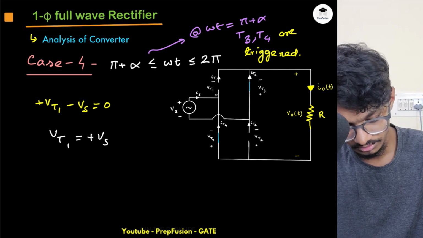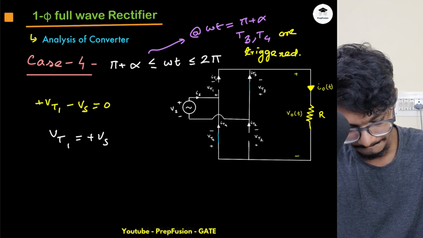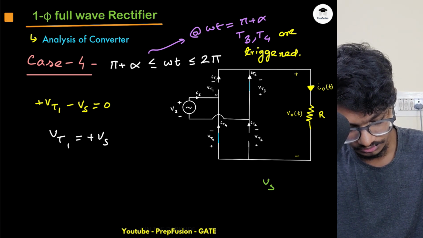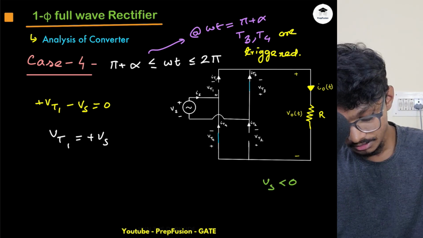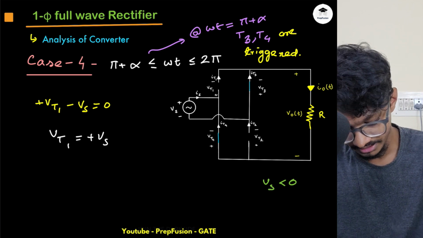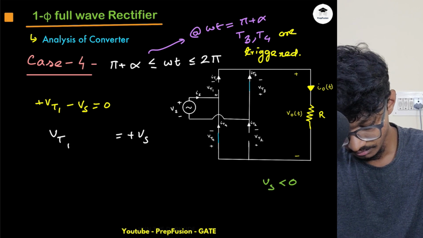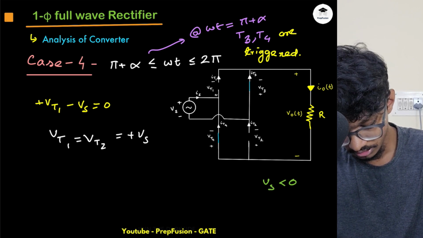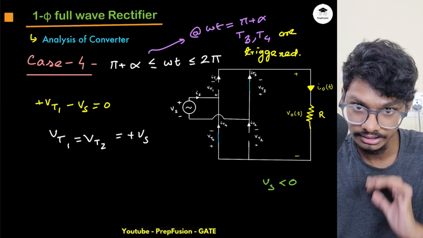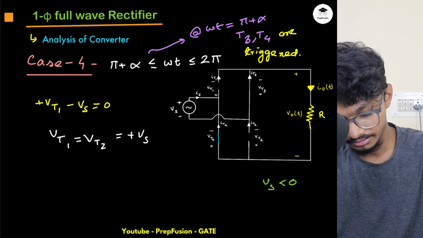Vs is negative. Vs is less than 0. So obviously VT1 is negative, and if you apply the KVL, VT2 will also be the same. Hence both T1 and T2 are proved to be in reverse blocking mode. And obviously they are triggered.